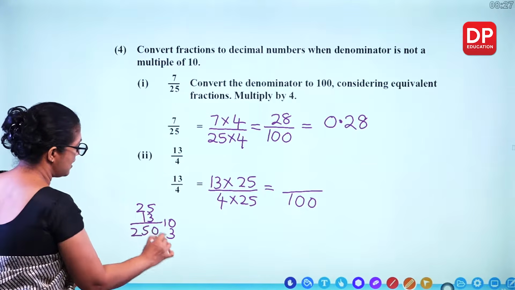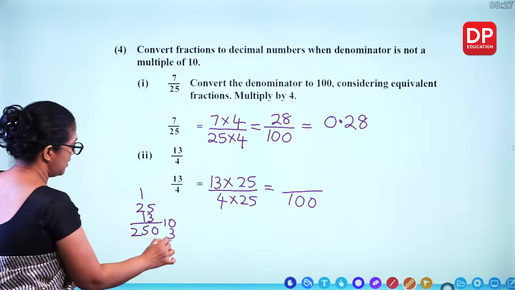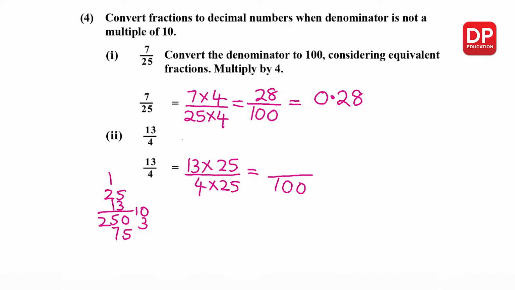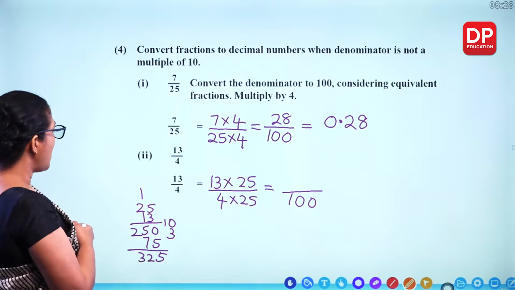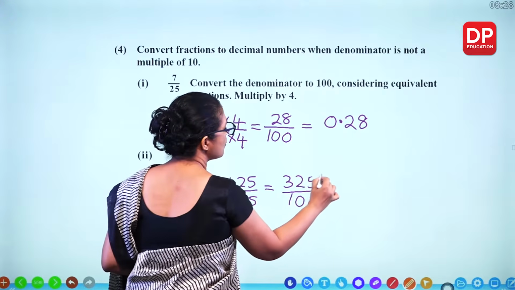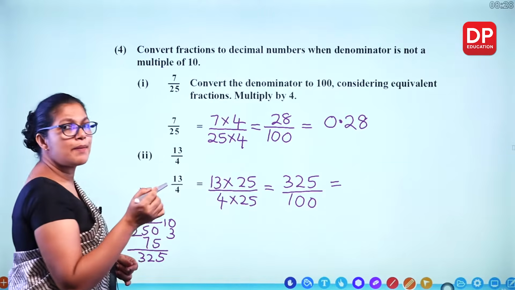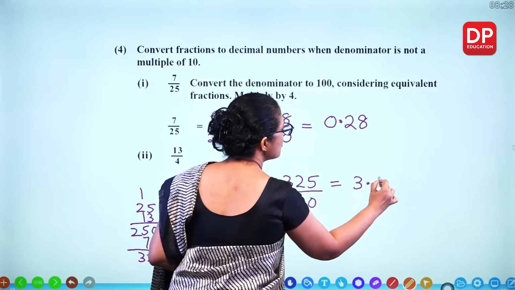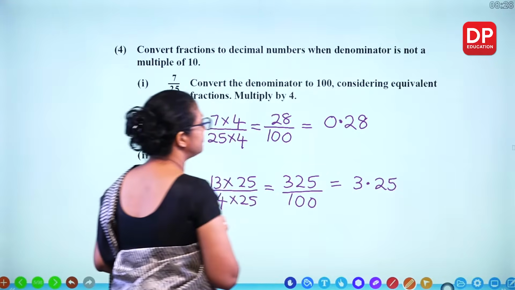You get 3 times 5, 15. 3 times 2, 6 plus 1, 7. 325. So 325 divided by 100, you get 3.25.